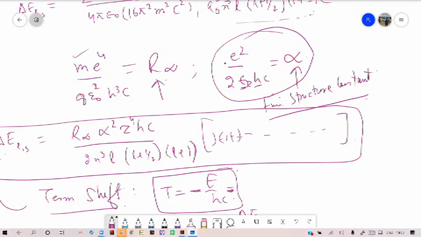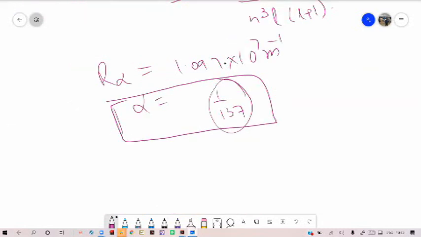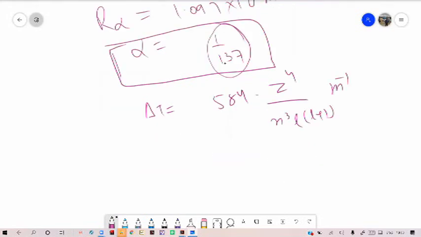If you put in these values, you will find this is equal to 1 by 137. And we get delta T is equal to 584 into Z^4 divided by n cube L into L plus 1 per meter. This is the shift actually, so it is in distance units.